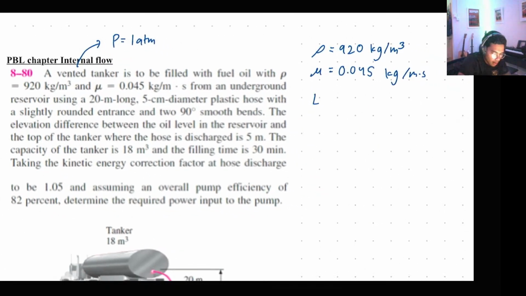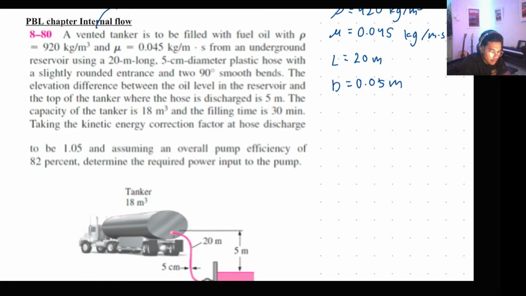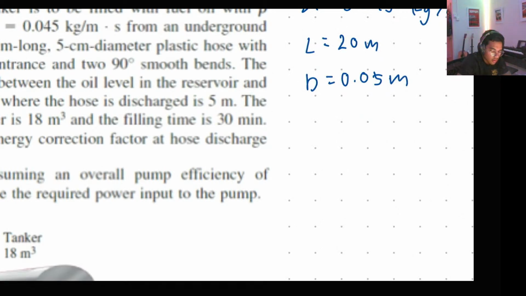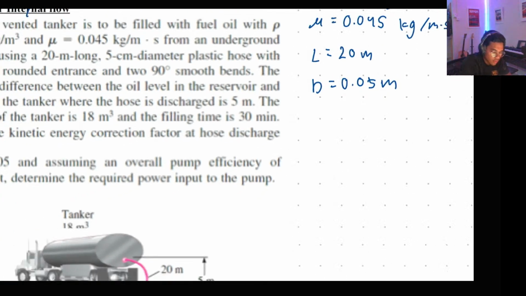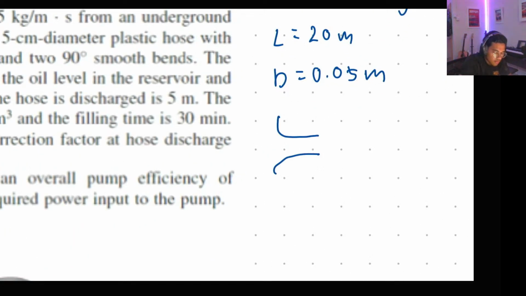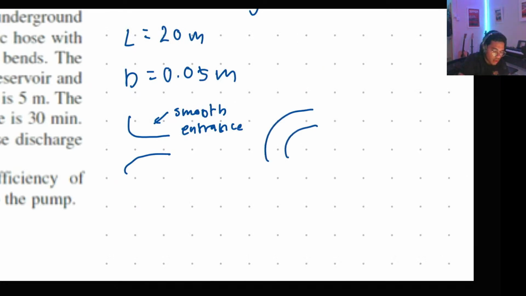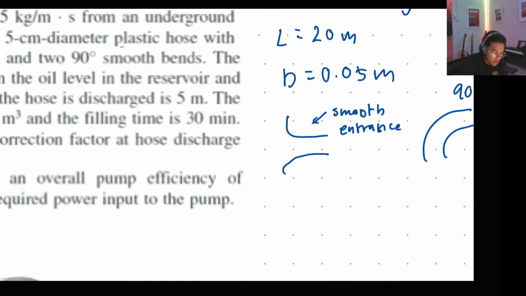L equals 20 meter, D equals 0.05 meter, with a slightly rounded entrance. Slightly rounded entrance means a smooth entrance, also a 90 degree smooth bend.